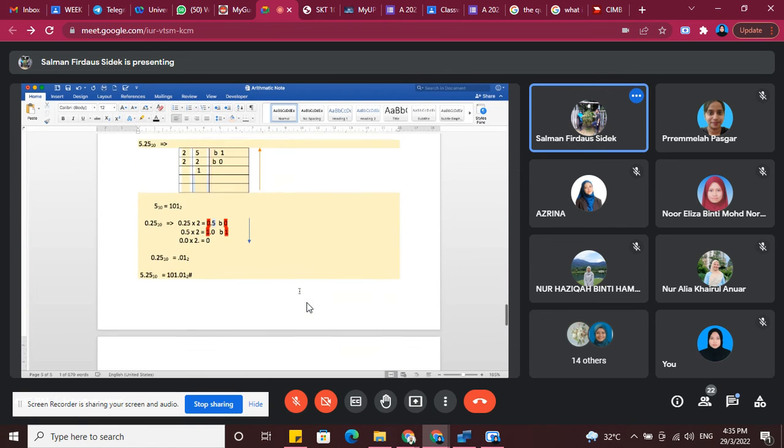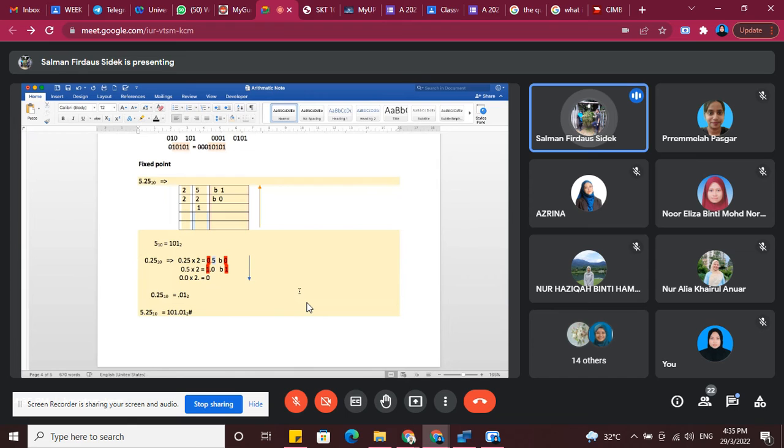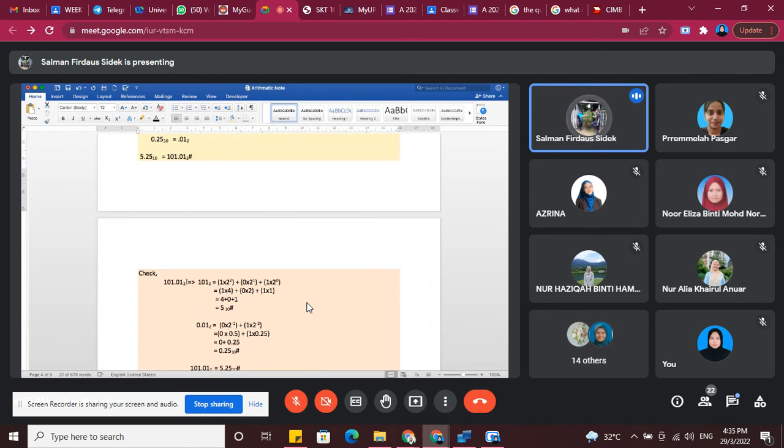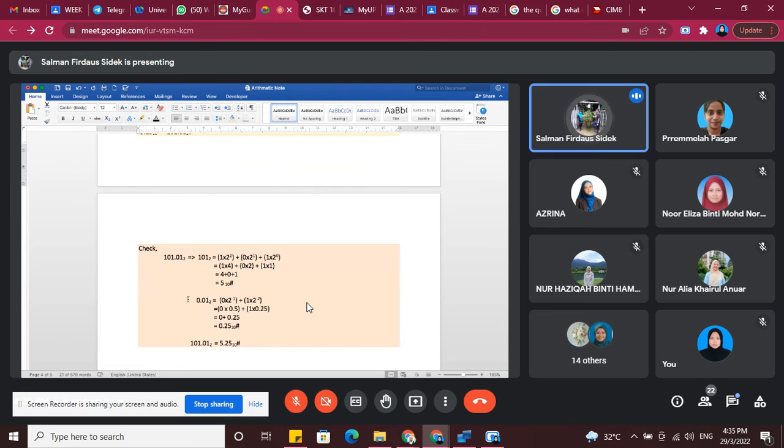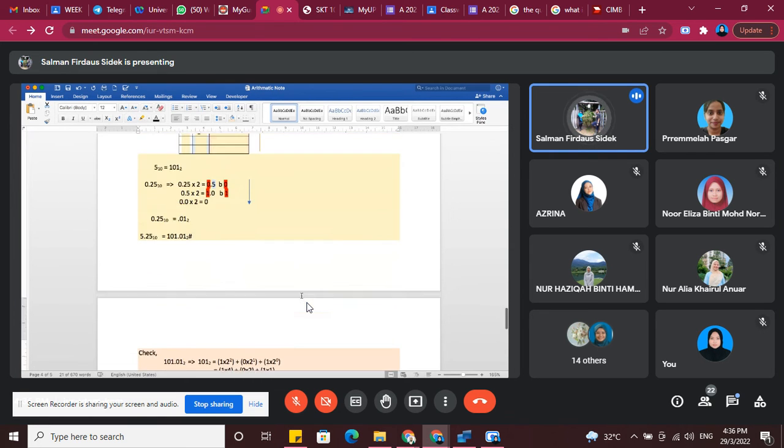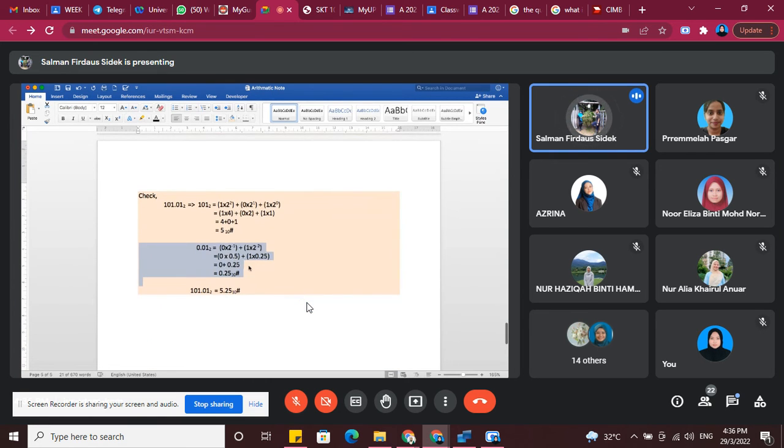Okay. Untuk fixed point, the new thing here is this one lah. The number before point form tu, this is the new technique for you. This is from decimal to binary, but from binary to decimal, the new technique is this one. You need to times the bit with 2 and power of negative.